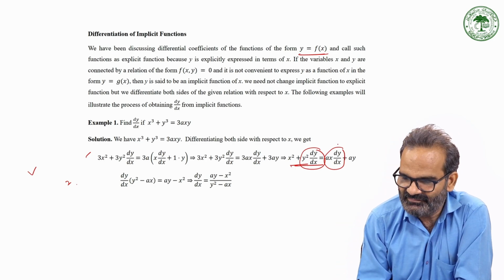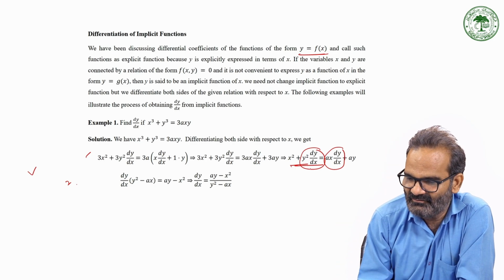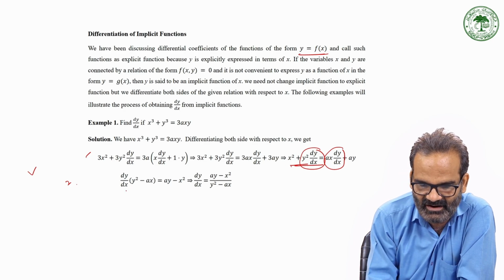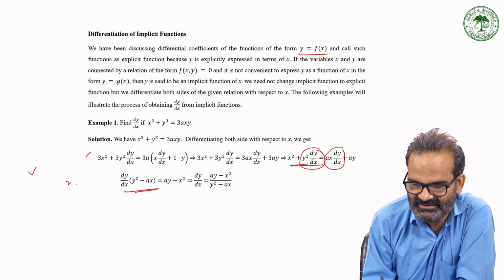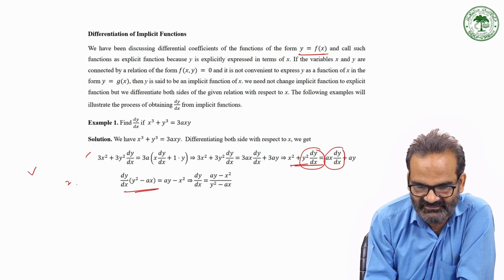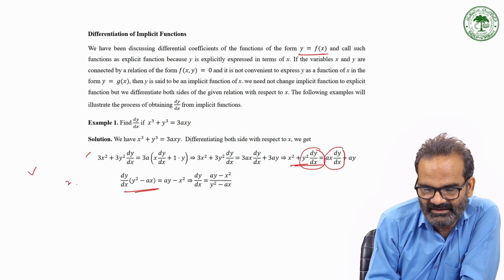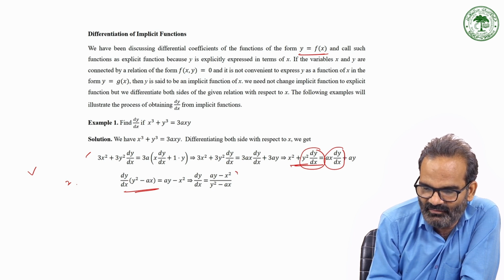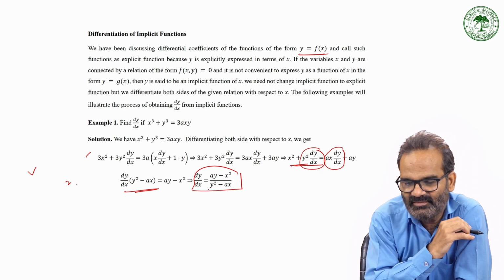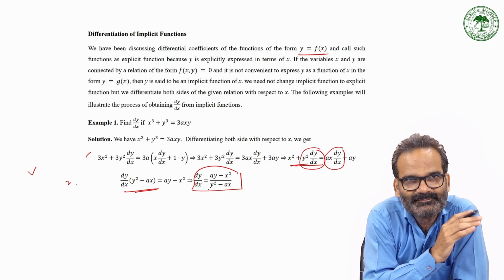To collect the terms of dy over dx together, see y square dy over dx minus ax dy over dx. Take dy over dx common, and the other terms should be transferred to the right hand side, leaving dy over dx times (y square minus ax) is equal to ay minus x square. So the value of dy over dx will come out to be (ay minus x square) divided by (y square minus ax). Right?